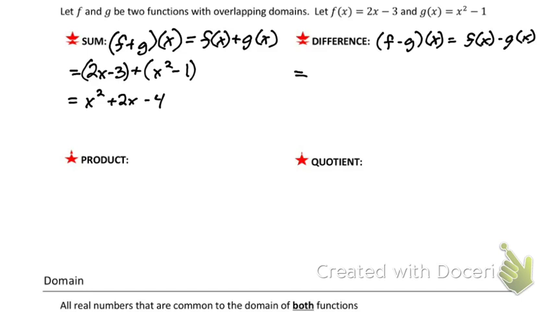So if I substitute that f of x in, we would have 2x minus 3, and we'd subtract with parentheses x squared minus 1. Now we need to make sure we distribute that negative sign to give us 2x minus 3 minus x squared plus 1.